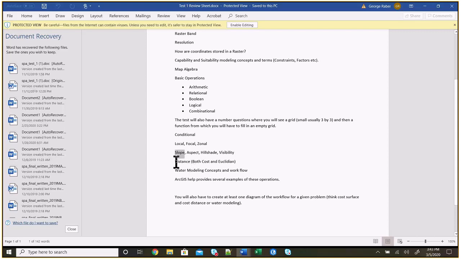All right, distance. So you should be able to understand both cost and Euclidean distance, although you're not going to calculate cost distance, but you should understand what's going on there, and you should be able to actually diagram a cost distance problem.